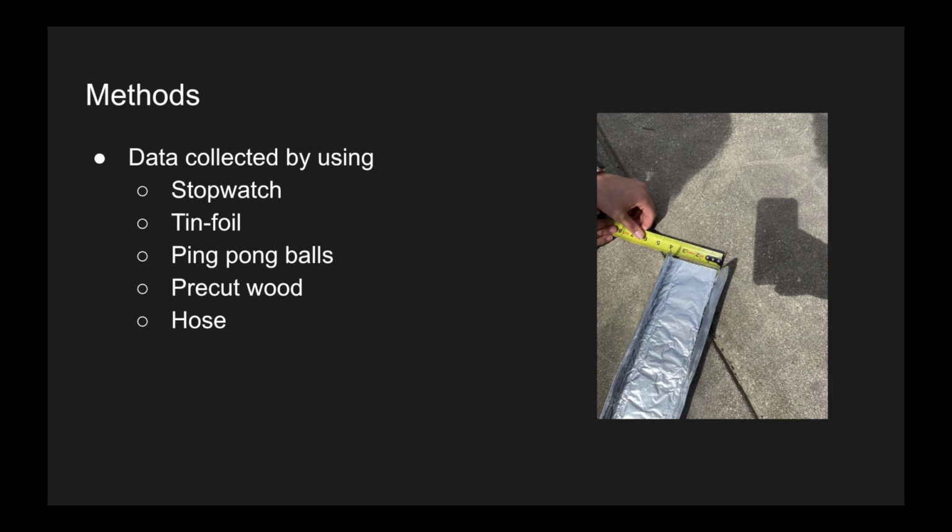We used a piece of pre-cut wood to form the canal so it wouldn't be floppy or unevenly formed, so they were both the same and we didn't have to worry about the variables changing on that. And then we used a hose to be the stream, the water flowing through the canal.